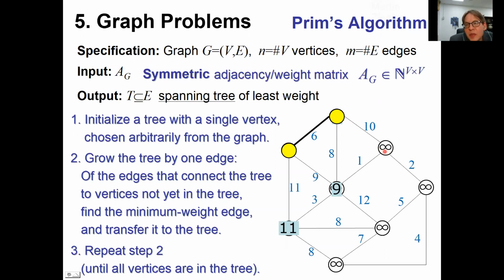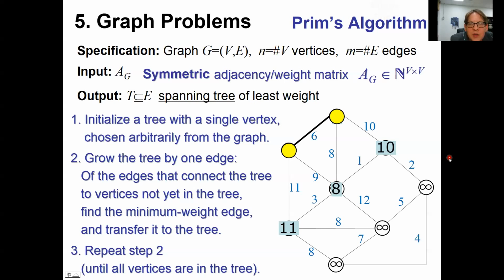So its distance will actually decrease from infinity to 10. Now this is what happened here. So that's the update of the distances of the vertices that are not in the tree to vertices in the tree. Okay, and now the next iteration.